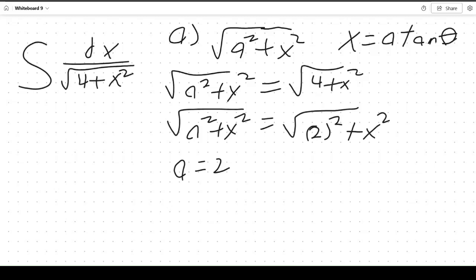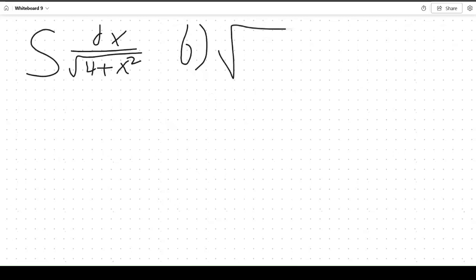As you can see, it has a square and the a is squared as well. So a is going to be 2. And the x is going to be a tan theta. So we already know the a, so it'll be 2 tan theta. We have to plug in our values.